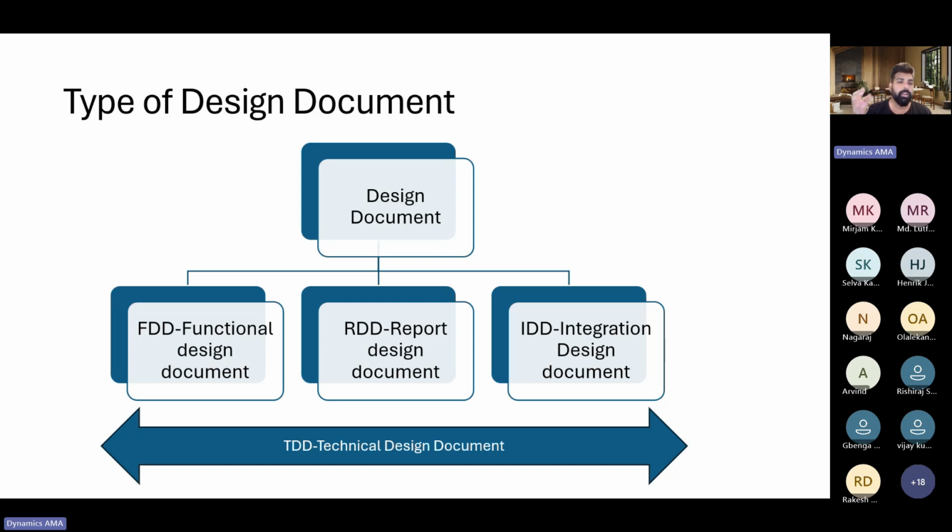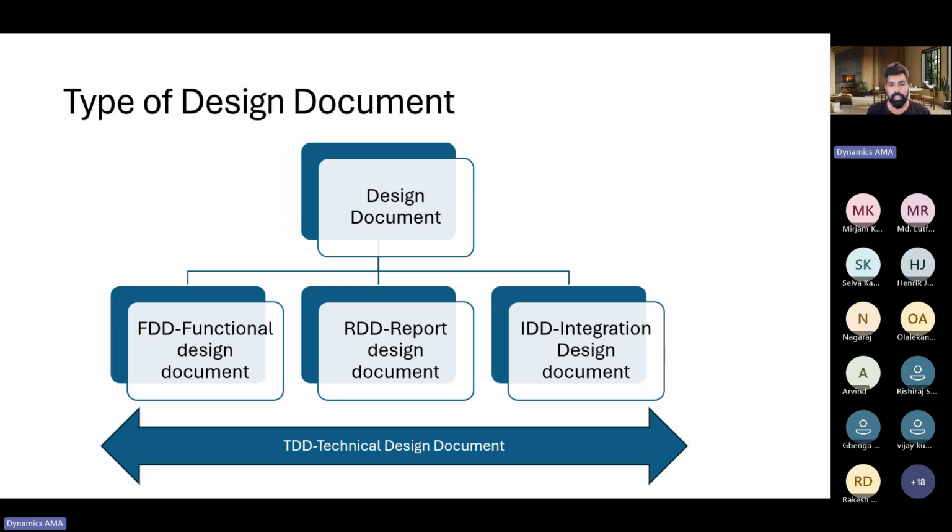So that might fall under the report design document. So you might call it RDD for that, right? And then of course, when you are building an integration with any external system, the to and fro information exchange, at that point of time, you might design the integration design document, and that is called IDD.